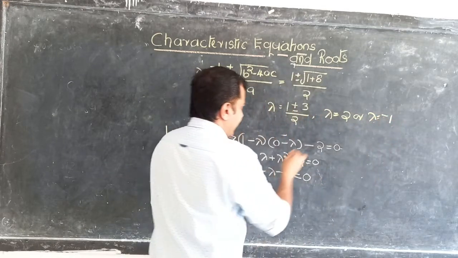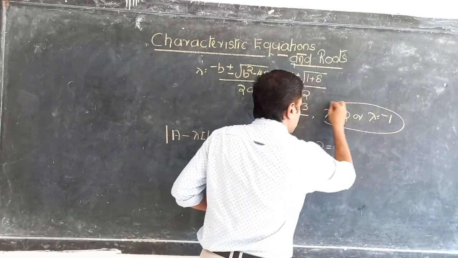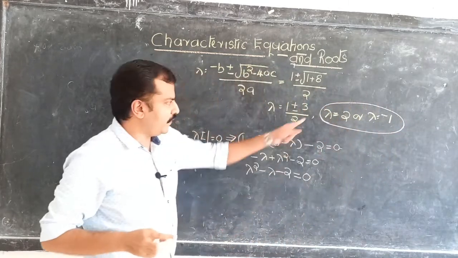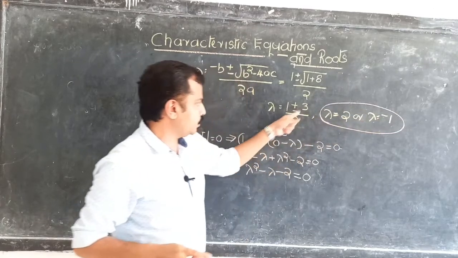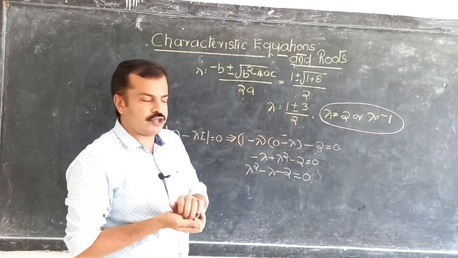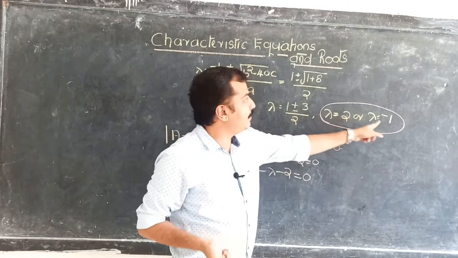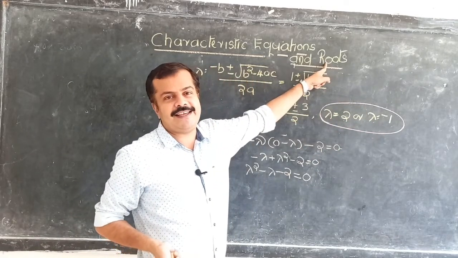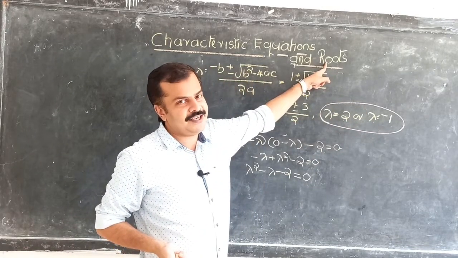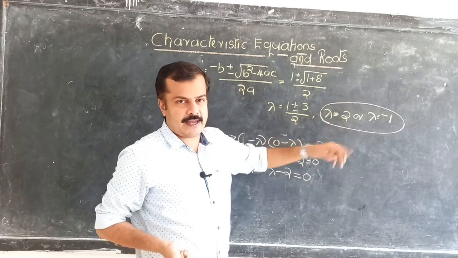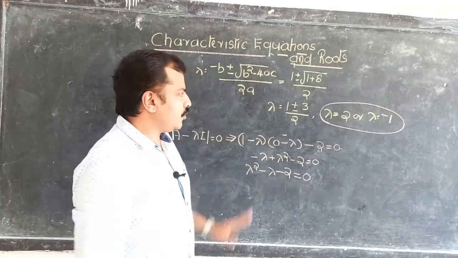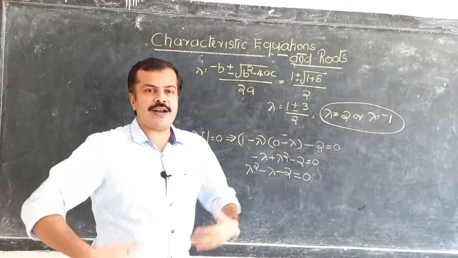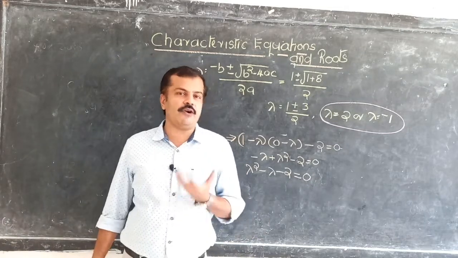So these two values for lambda, we find out lambda either equals 2 or lambda equals -1 once we solve this equation. This value of lambda is known as characteristic roots or eigenvalue. It's also known as latent value. That's why it's known as roots, because obviously we are going to get a quadratic equation.